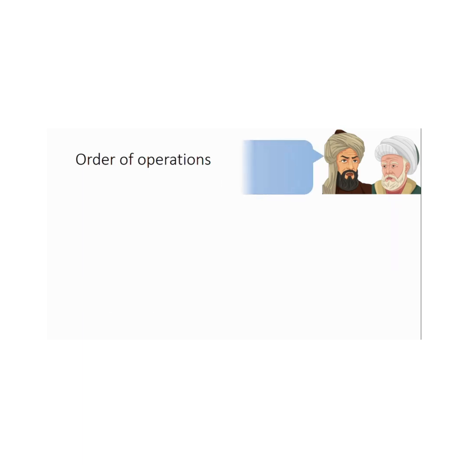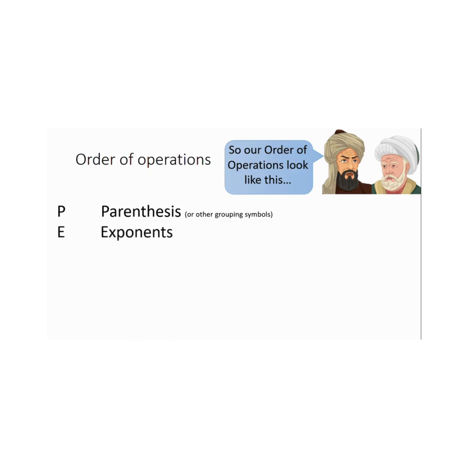So our order of operations looks like this. First is parentheses or other grouping symbols. Second is exponents or orders or powers or indices or whatever they're called. Then we do multiplication and division at the same time from left to right.